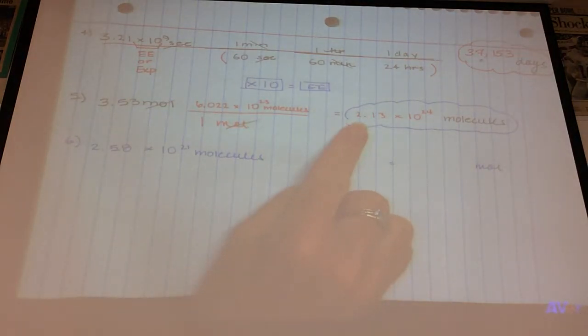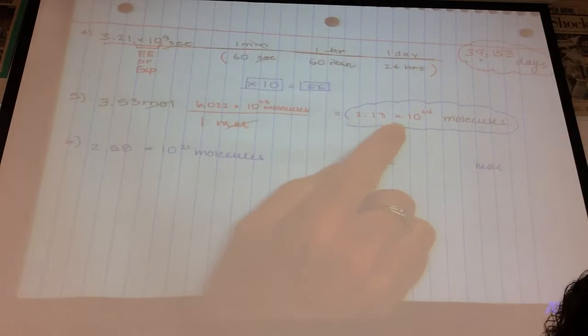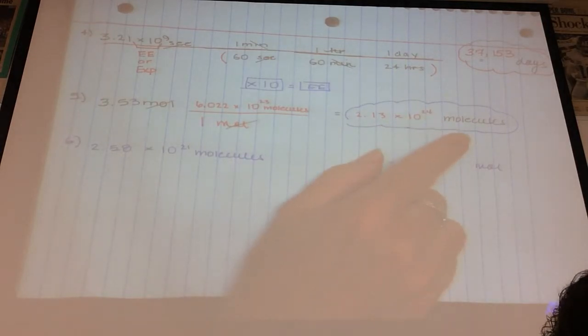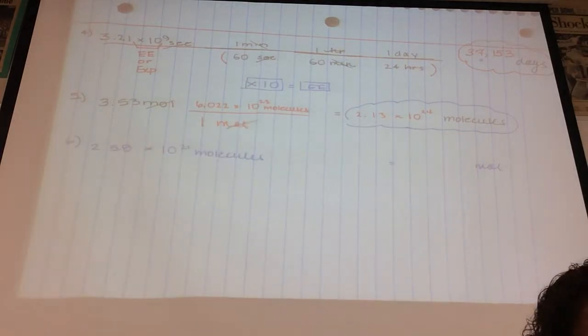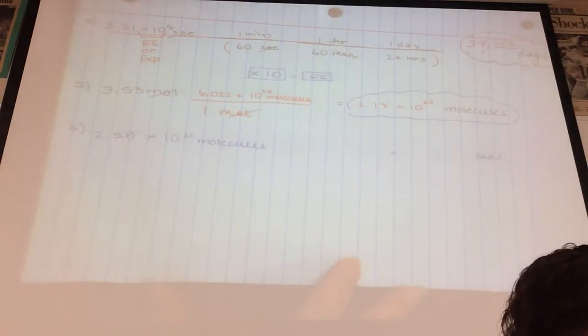Did you get this for 5? 2.13 times 10 to the 24th molecules? Yes? Good. Please try 6. I'll put 6 back up on the screen so you can see it.